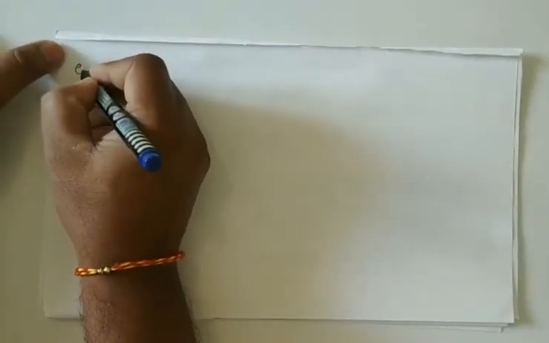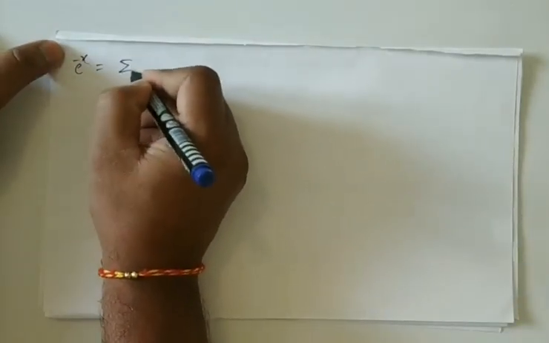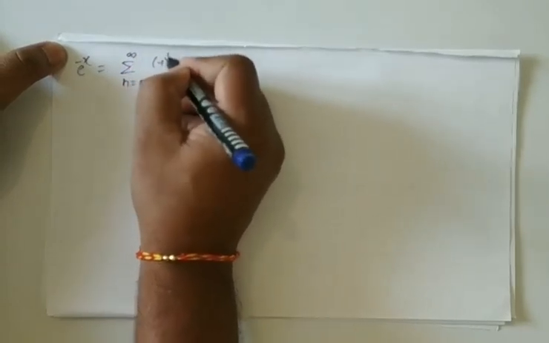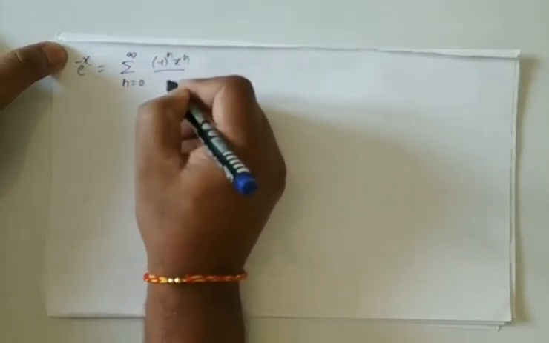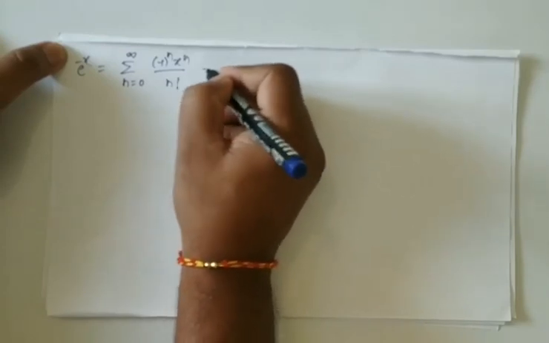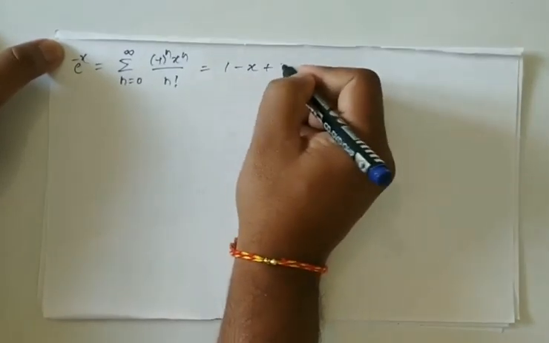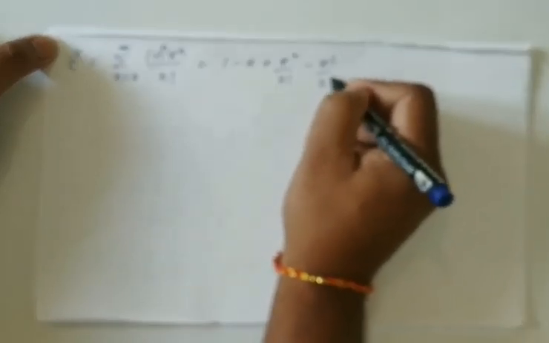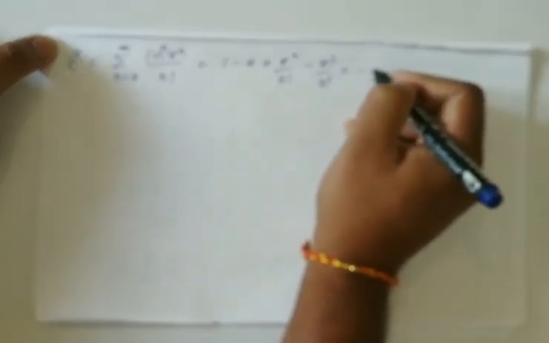It is summation n equals 0 to infinity (minus 1) power n x power n by n factorial, which is 1 minus x plus x square by 2 factorial minus x cube by 3 factorial plus so on.